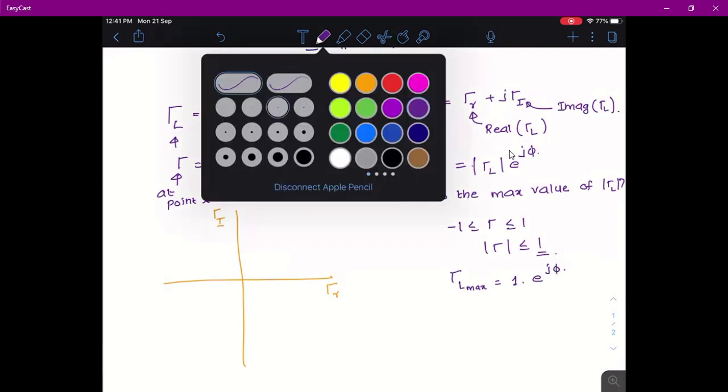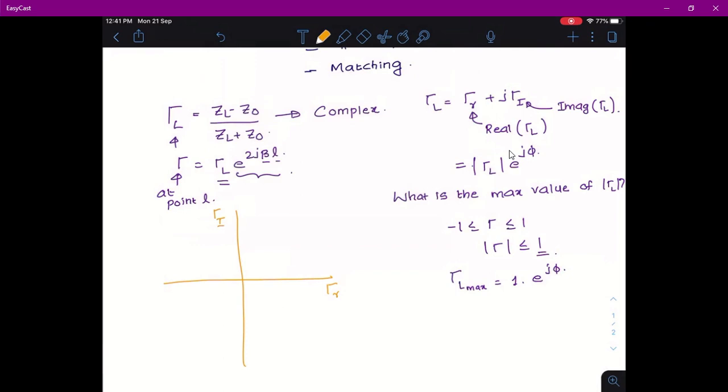This is basically a circle. We have seen in our maths that this represents a circle with radius mod tau L. So the maximum radius of the circle is 1.